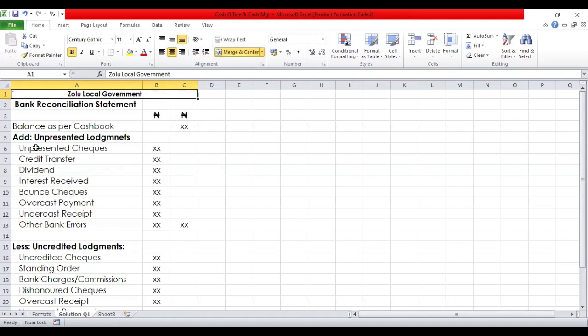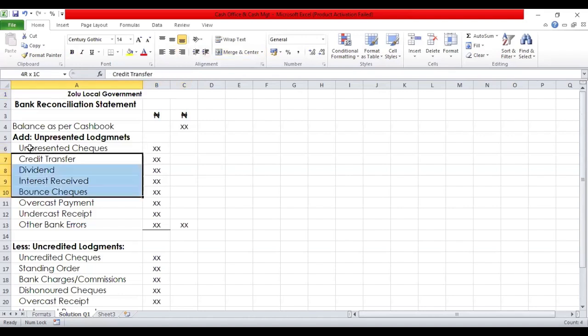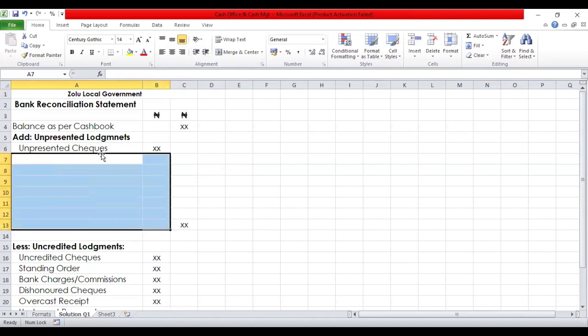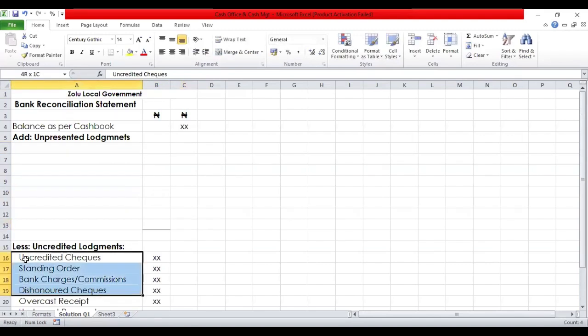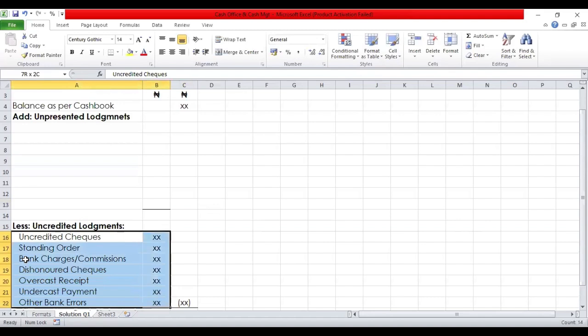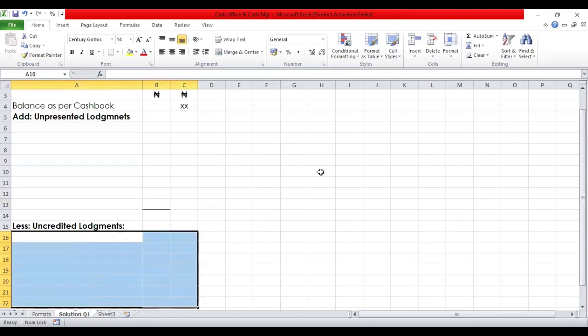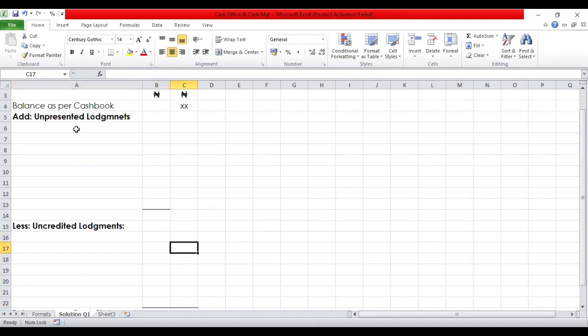Now, I'm deleting all this. Now, from the question, what is your balance as per cash book?